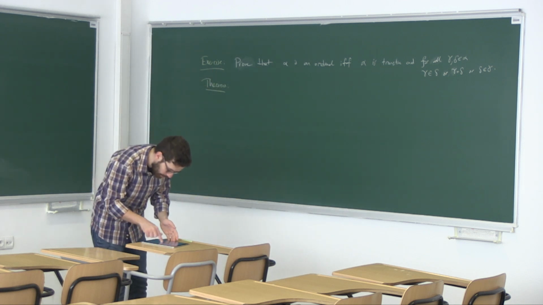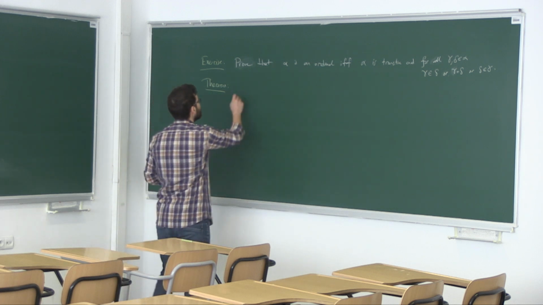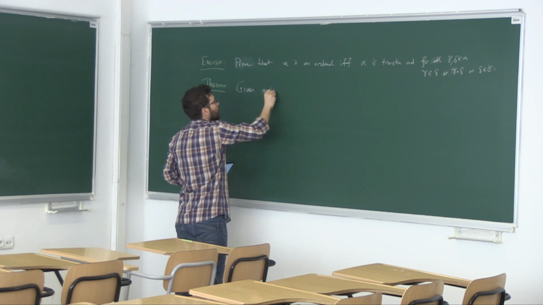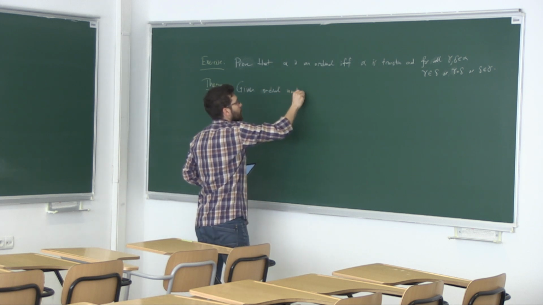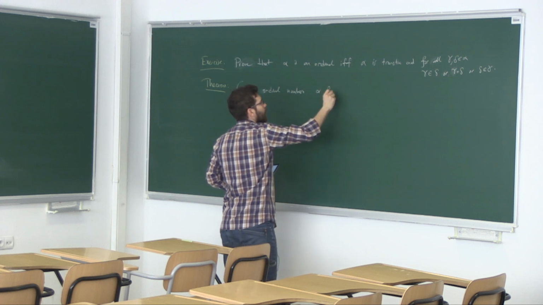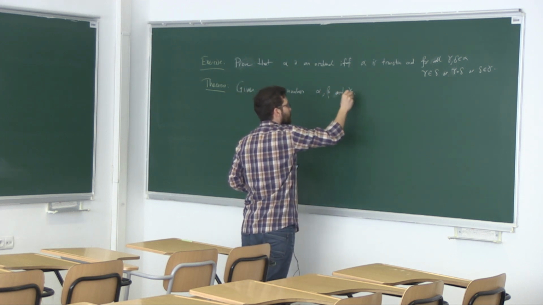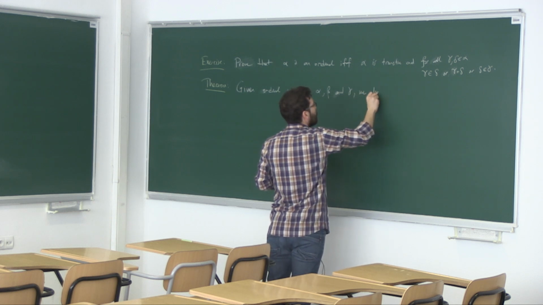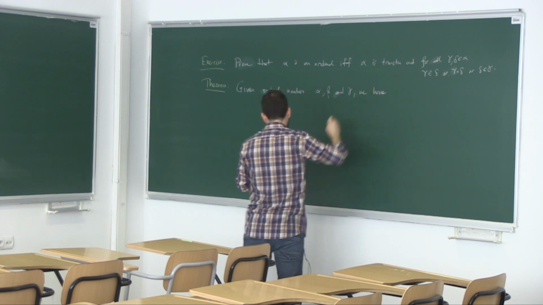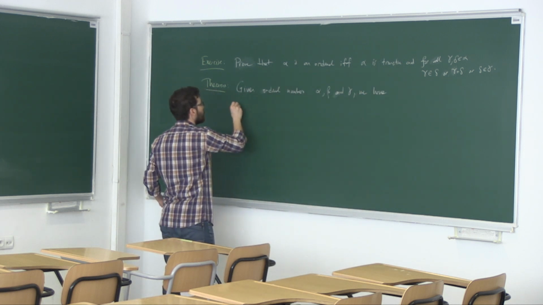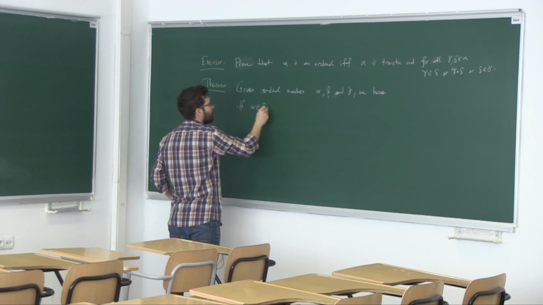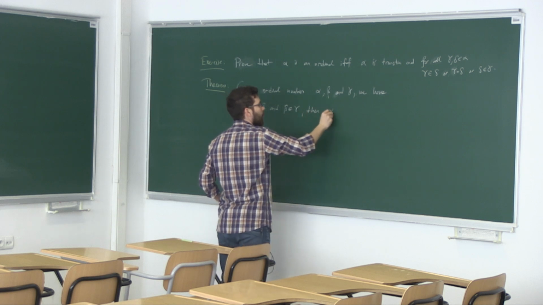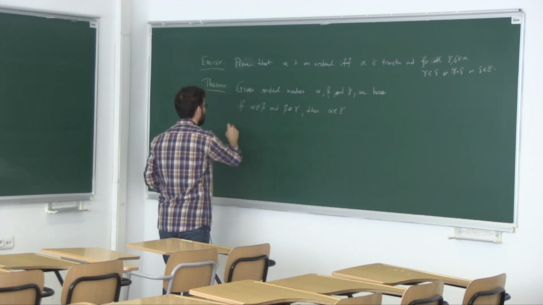Here is the main theorem I want to prove. Given ordinal numbers alpha, beta, and gamma, we have, if alpha is a member of beta and beta is a member of gamma, then alpha is a member of gamma.